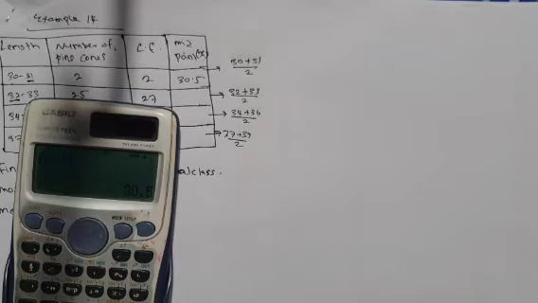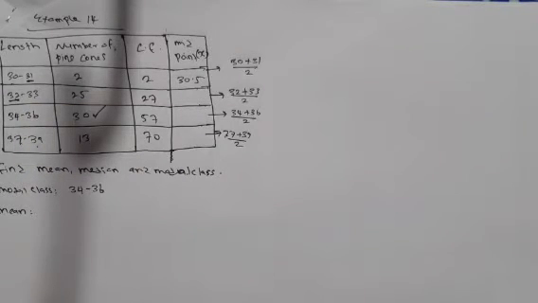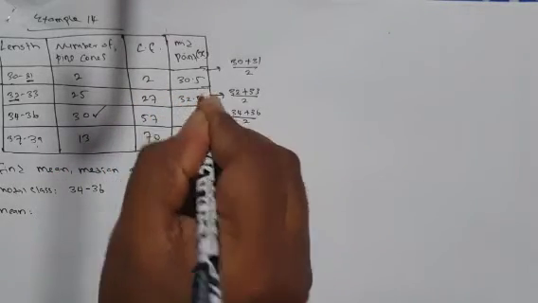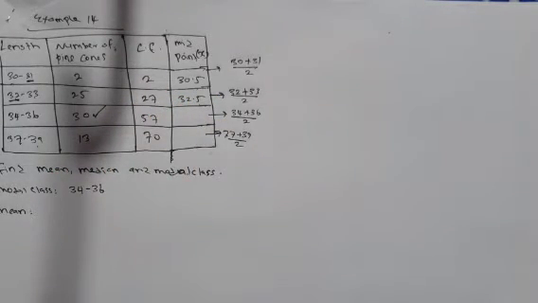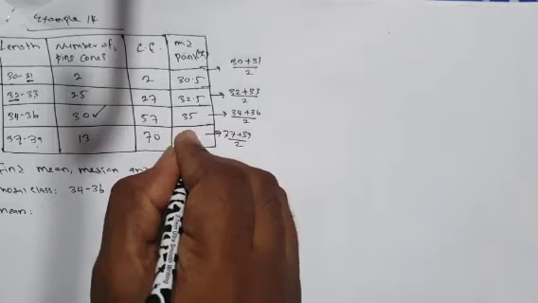So 30.5 is the correct answer. Like this, let's get the midpoints for all the other ranges. Here it is 32.5, here it is 35, here it will be 38.